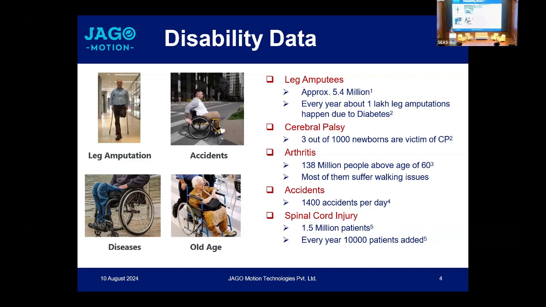You can see 5.4 million leg amputees every year, about 1 lakh leg amputations, cerebral palsy in 3 out of 1,000 newborns. Polio, we are fortunate to have overcome significantly, but we still have to look at other things. Arthritis is common, accidents as I said, spinal cord injuries.